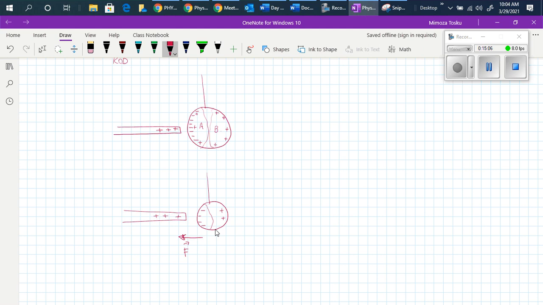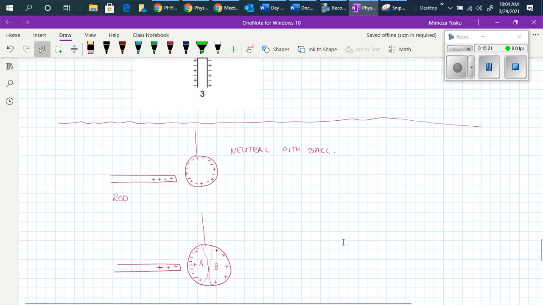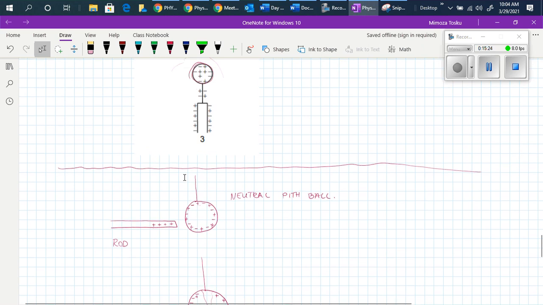But as soon as you take away the rod from the pith ball, then what you will notice is that a redistribution of the charges will happen again, and then you will be in the picture here. Okay, this picture here.